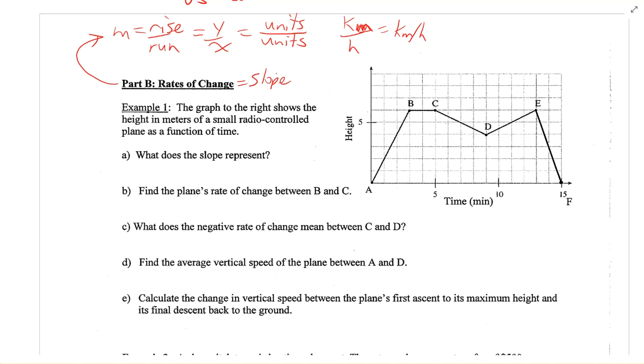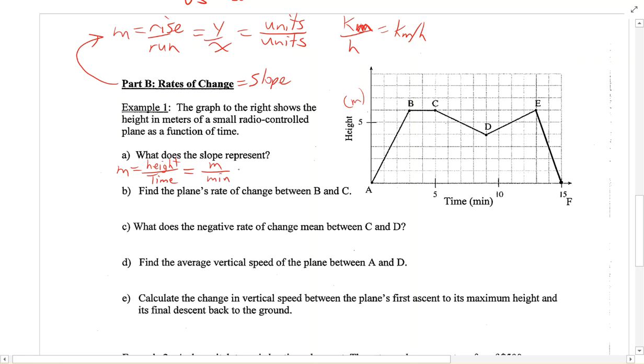So here we have a graph of a radio-controlled airplane. It is the height in meters versus time in minutes. Okay, so what does the slope represent? So for this one, your slope would be your height over time. And what are the units then? So your height would be meters and your time would be minutes.